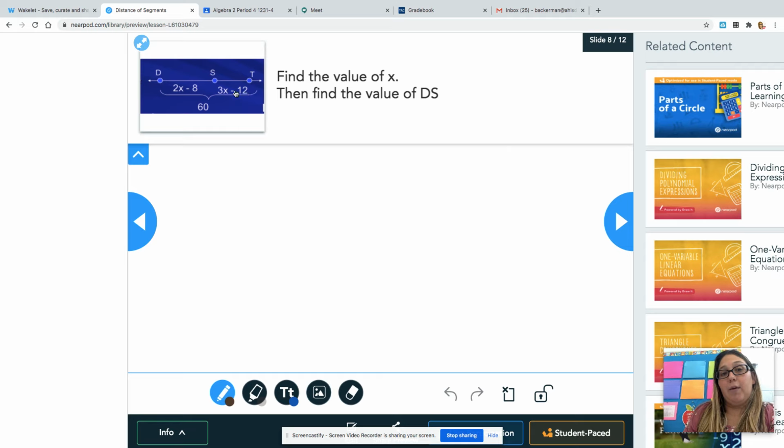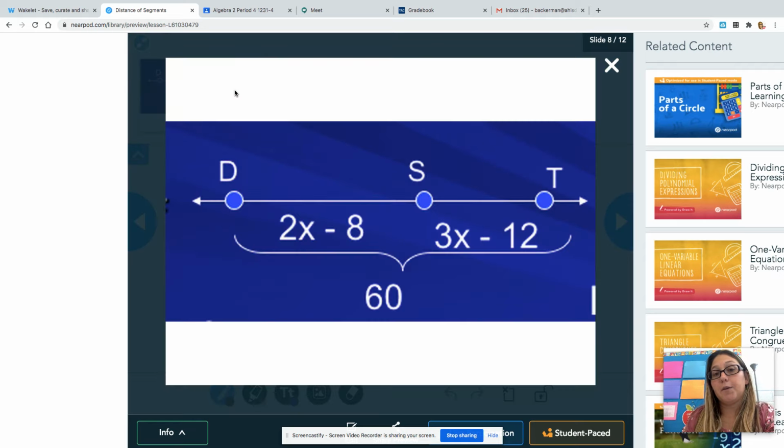All right, let's try one that's a little harder. In this case, we still have two pieces. We have DS plus ST equals DT. The issue is now we don't have numbers for our small pieces. We have algebraic expressions. So we need to put this together, and we need to say 2x minus 8 plus the other small piece, which in this case is 3x minus 12.